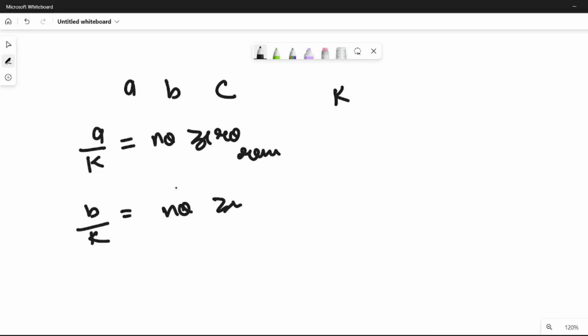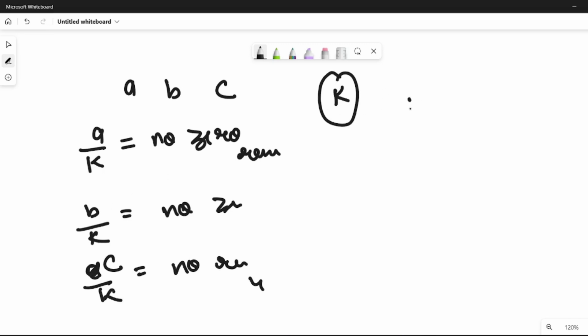The question says it is not the divisor, that means it gives a remainder when it is divided by k. You should make that out. And c divided by k also gives a non-zero remainder. Now we need to find a k. We are given a condition that our k is less than or equal to 100 and is a positive integer. That means it lies between 0 and 100.